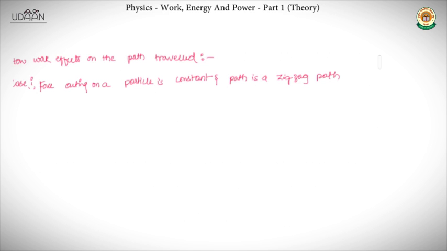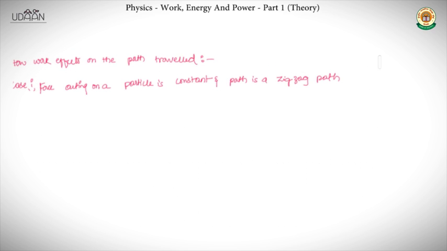Now let us see how work is affected by the path traveled. Initially we saw the angle between force and displacement, and now we consider the displacement and force according to the path traveled. First, let us consider case 1: the force acting on a particle is constant and the path is zigzag.